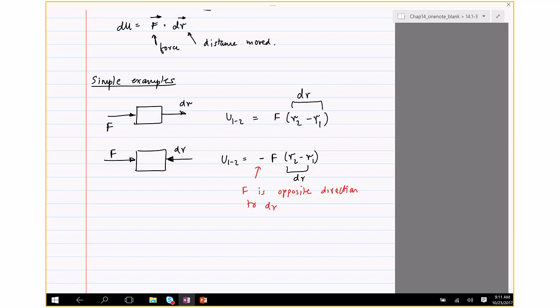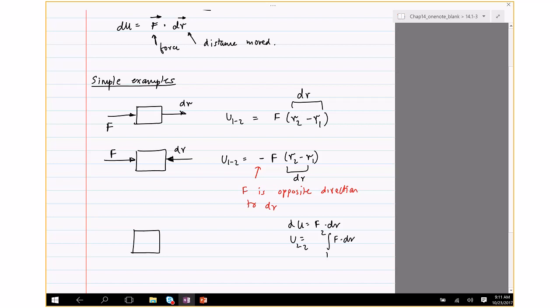Displacement, typically we like to say it's the final position minus the initial position. So R2 is the final position, R1 is the initial position. So if we have a crazy pattern, then you need to do F dot dr, so dU is F dot dr. So if it's a crazy path, then you need to do F dot dr from 1 to 2.